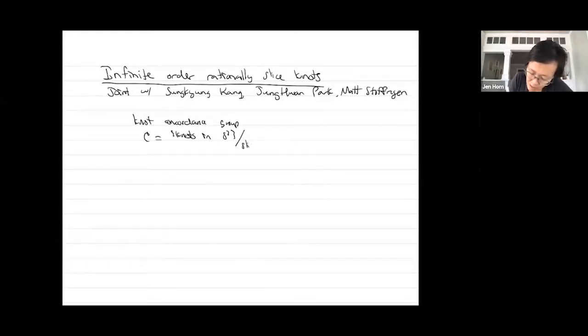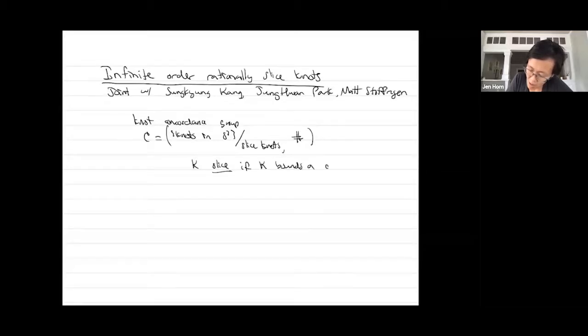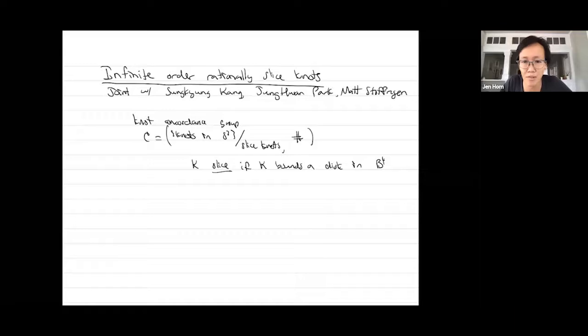We mod out by the set of slice knots, and then we look at the operation induced by connected sum. Remember that K is slice if K bounds a disk in the four ball. So think of S3 as the boundary of the four ball.